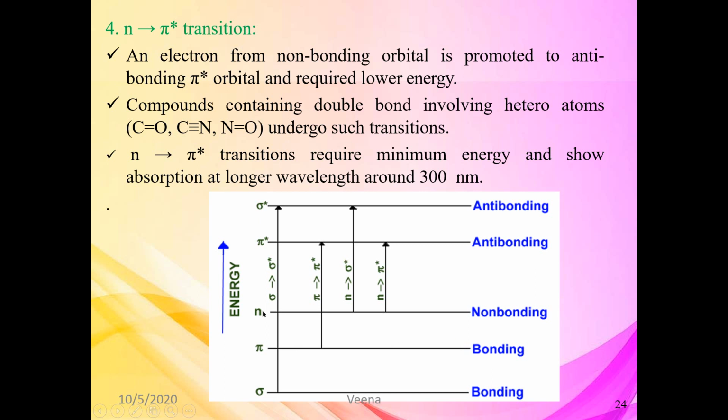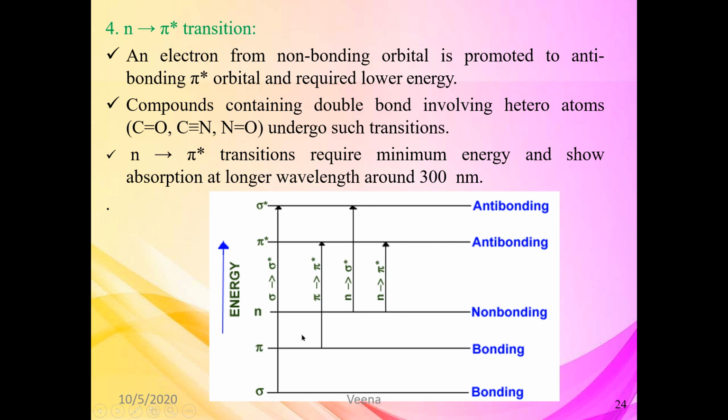in the lower classes you have studied the molecular orbitals. During the formation of molecules, the electrons are shared between the atoms and they form the molecular orbitals. Hence, the electrons in a molecule are in the bonding orbital, and this bonding orbital may be a sigma bond or pi bond or the non-bonding electrons.